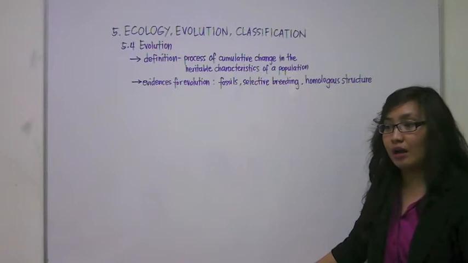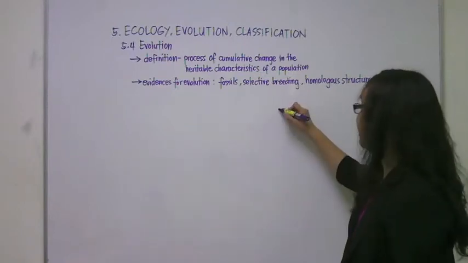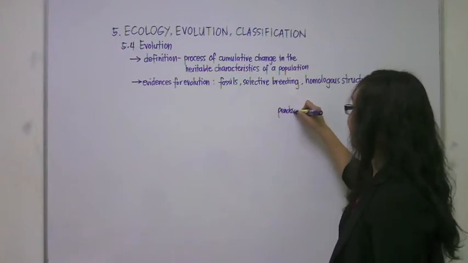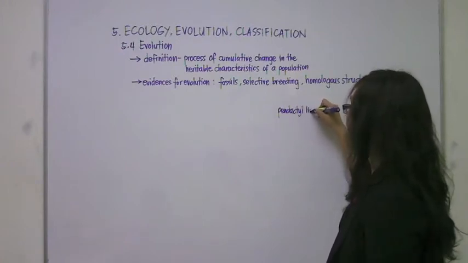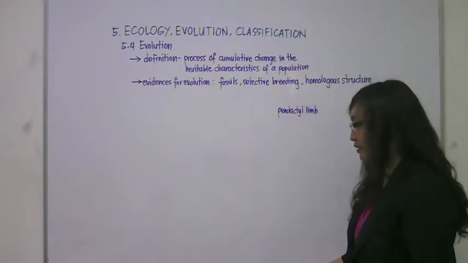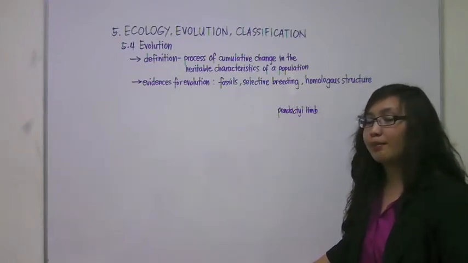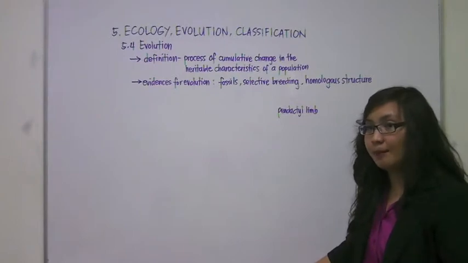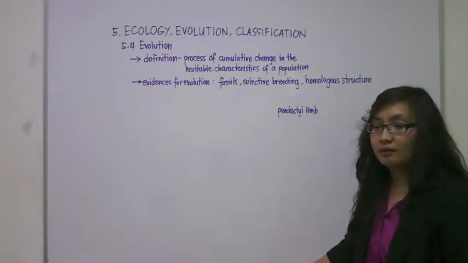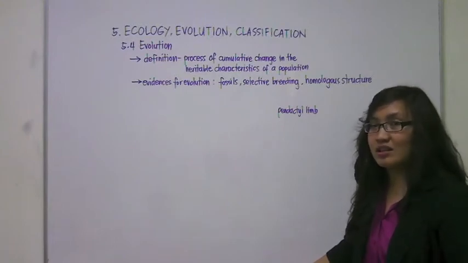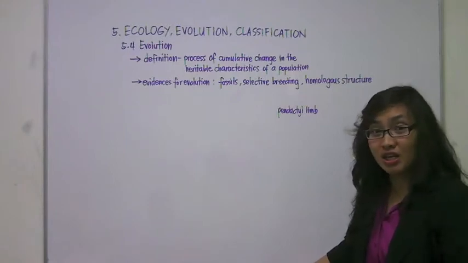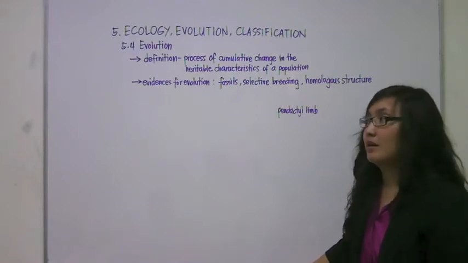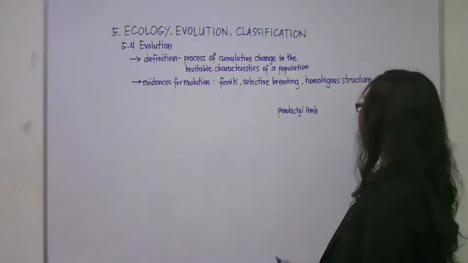For example, the arrangement of the pentadactyl limb shows that, specifically in mammals, the limb of a primate is the same as the limb of another mammal, such as a horse. Even if they are used for different functions, their structure is still the same. So we have this homologous structure.